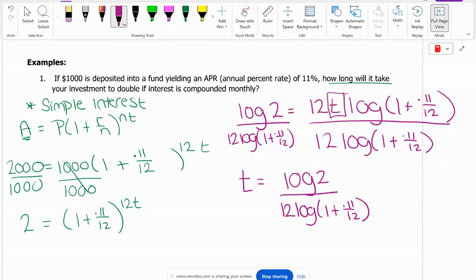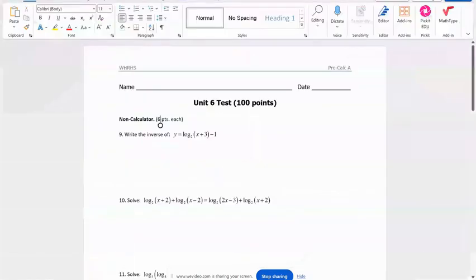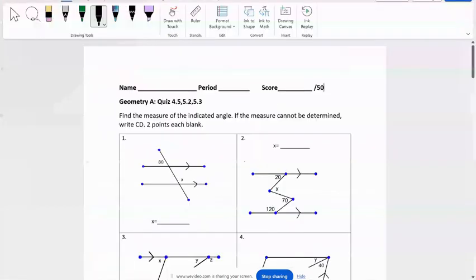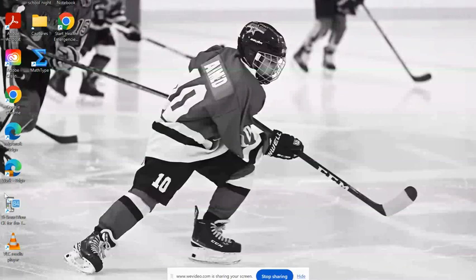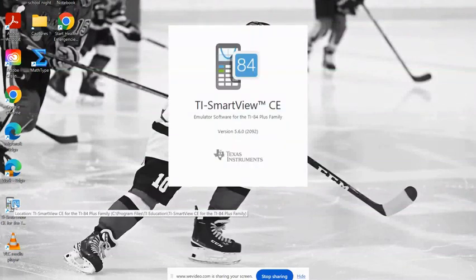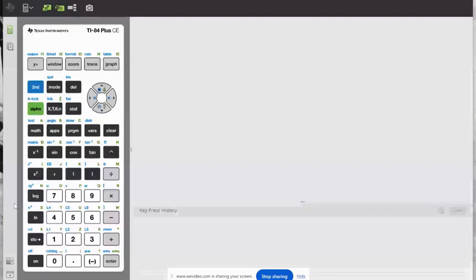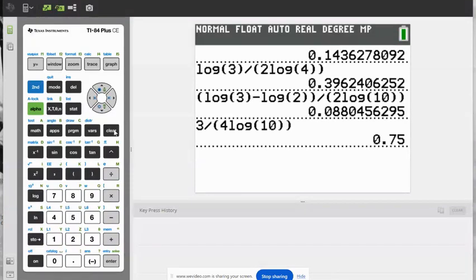Can I go to my calculator? All right, so how are we going to enter this in?